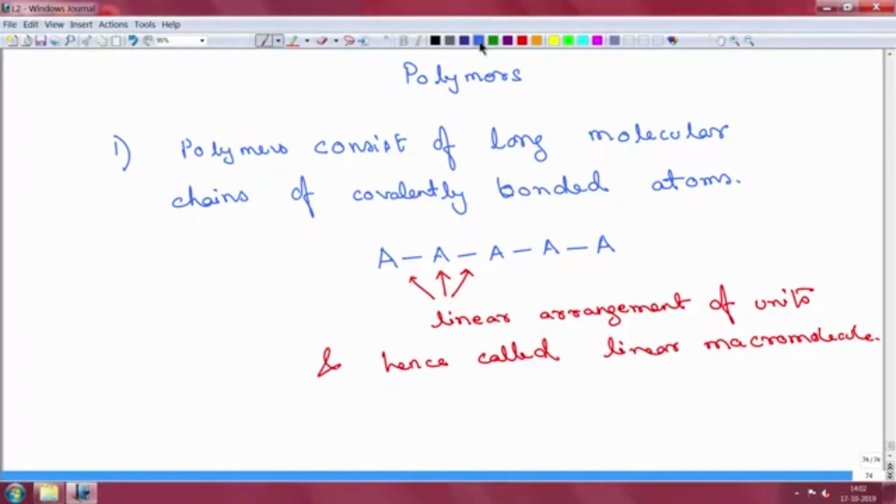And that is true because you can have what is called a branched arrangement, where you have an A and then you can have another sequence of, here I am running out of space. So this is a branched arrangement. So this is a branched macromolecule.